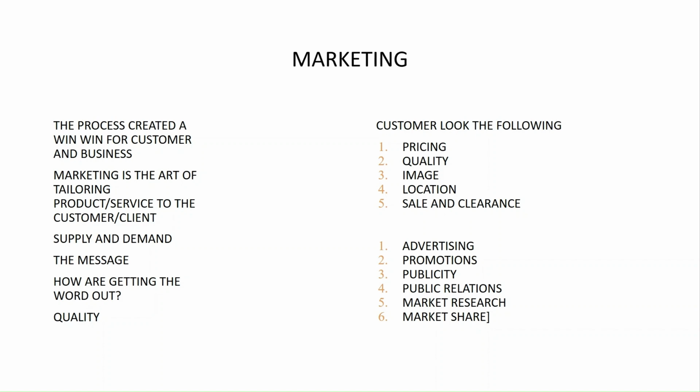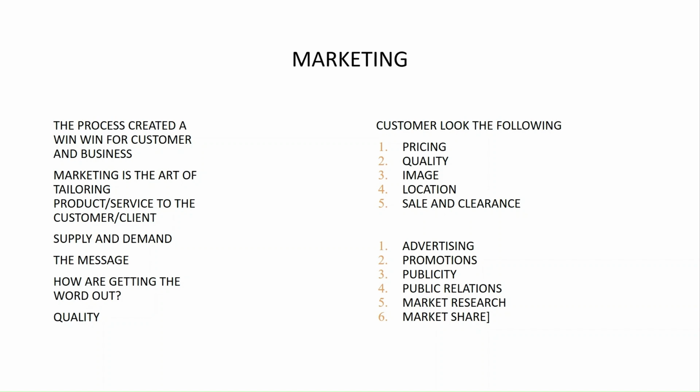Now, as a business owner, you have to think about what people are buying for. Why are these services selling so good? Because they think about these 5 things. First of all, pricing: how much is it gonna cost me? The second thing is, again, quality: how long is it going to last me? Also, how am I going to look in it? How is it going to look in my house, on me, the image of it?